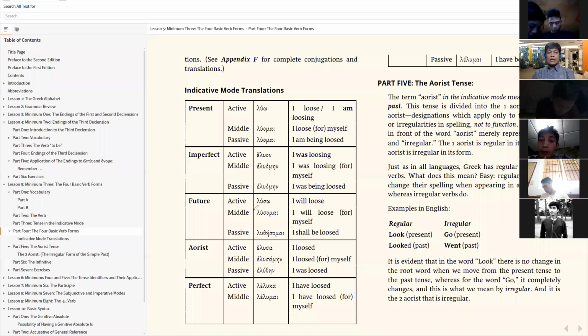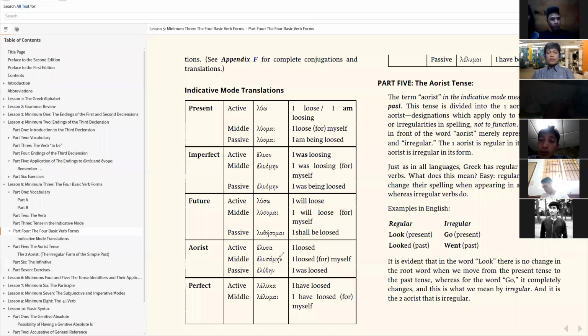Future, active, luso, I will loose. Middle, lusomai, I will loose for myself. The passive, you have luthesomai, I shall be loosed.